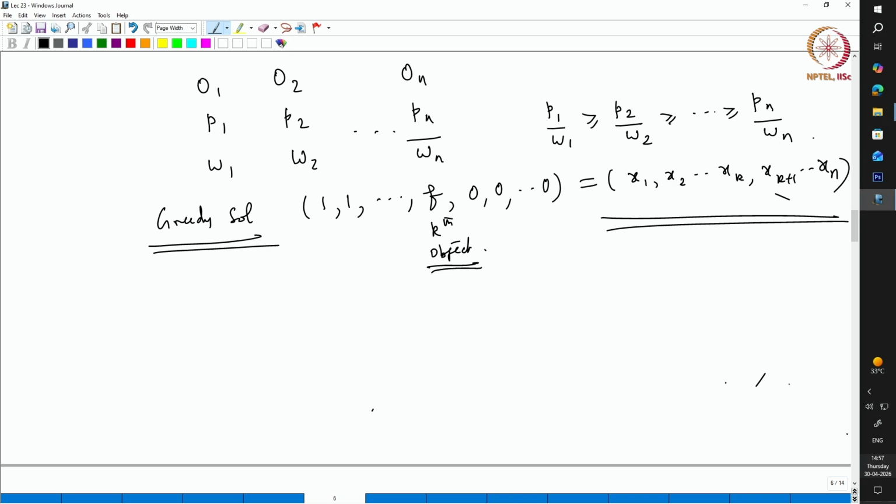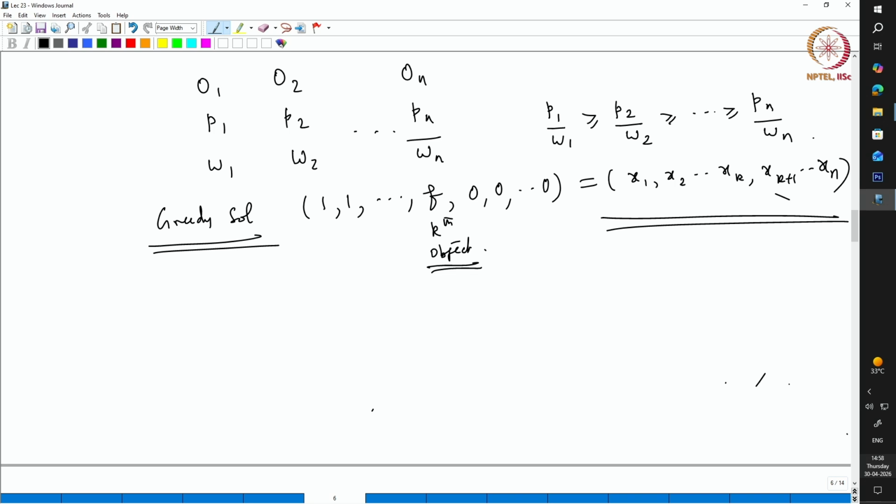If you could take 1 unit of that, take that much. In this way, you will come to a stage where you will not be able to take 1, probably a fraction of it, and you take that much and then you stop the process. After that, everything is going to be 0. You can't take any more object.